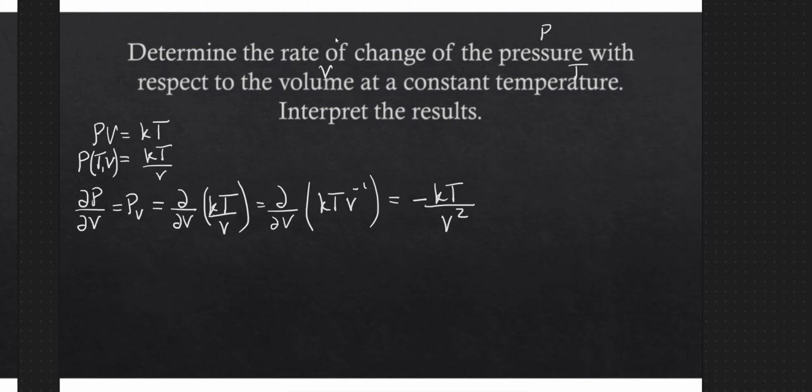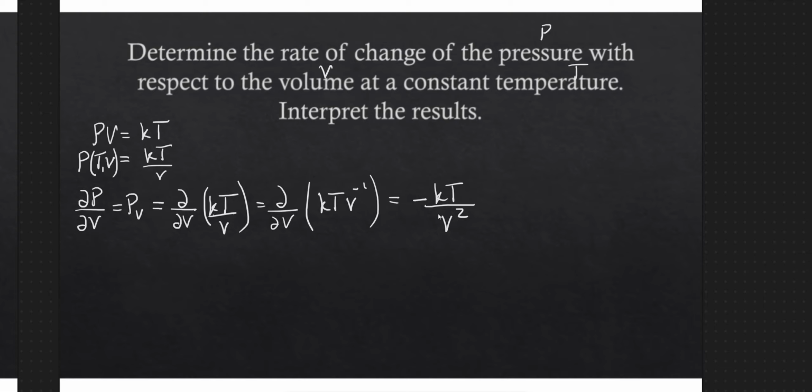It represents the quantity we're after, the rate of change of pressure with respect to volume at a constant temperature. One thing to notice is that temperature is a positive quantity. We are in Kelvin here, so temperature should always be positive. The volume squared is also positive.